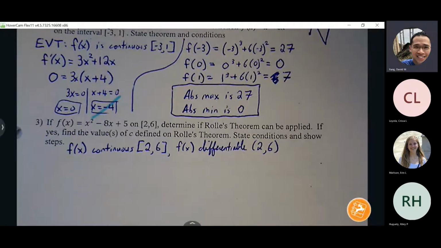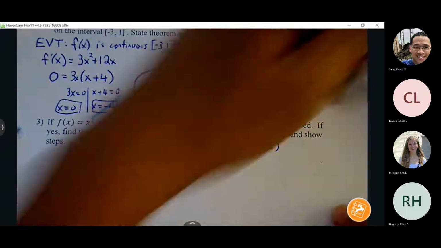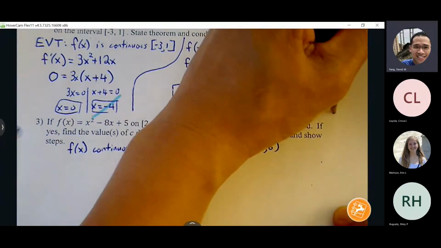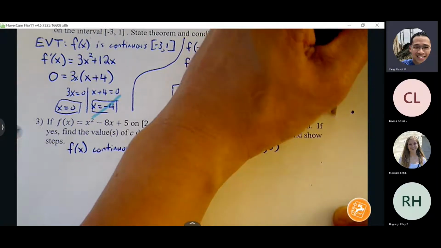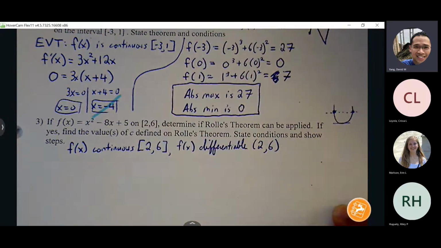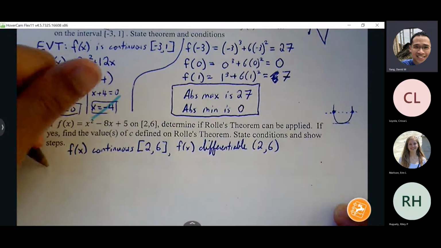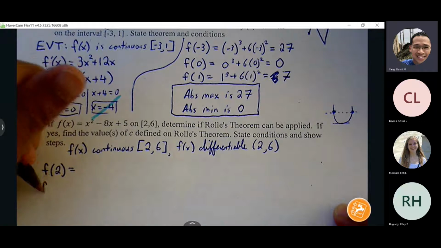There's one more thing we have to confirm, that our endpoints have to live on the same y value, because we want to guarantee that our endpoints are across from each other so that we can draw a horizontal line between them and guarantee a slope 0. So one more thing we have to confirm. Look at the endpoints, back to the original function, no derivative yet.